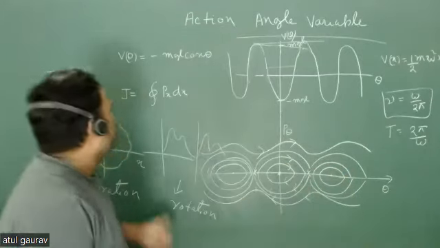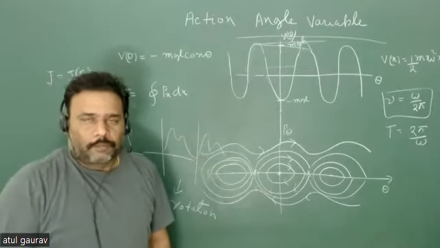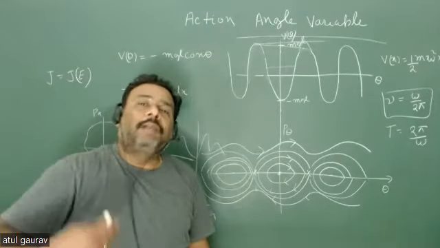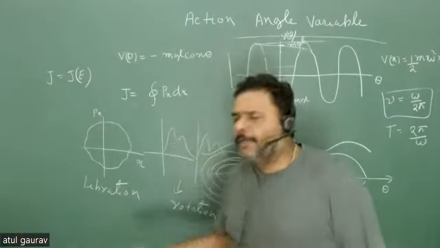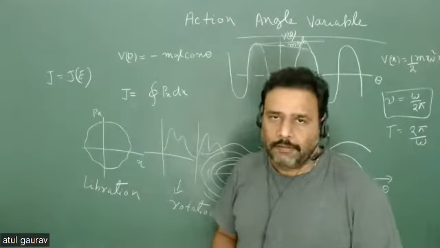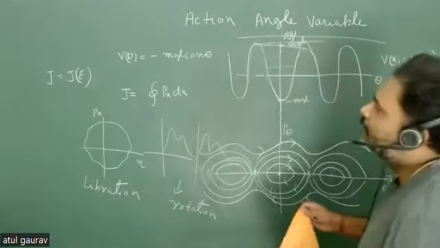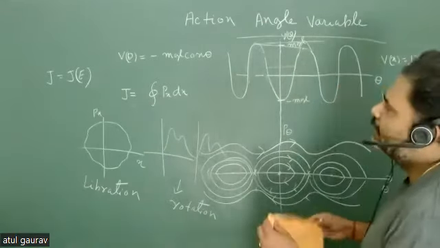Let's figure out how we can use this action angle variable to get the time period or frequency of any periodic motion. And then we can apply this theory on any potential where some periodic motion can be executed. So let's go for this. ठीक है? So जरा हम देखते हैं, इसे कैलकुलेट करने की कोशिश करते हैं.